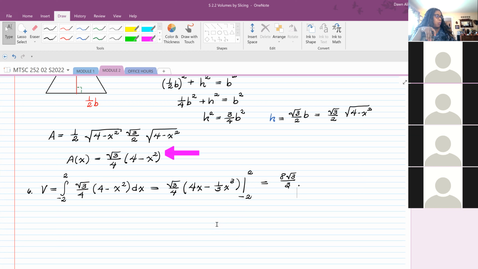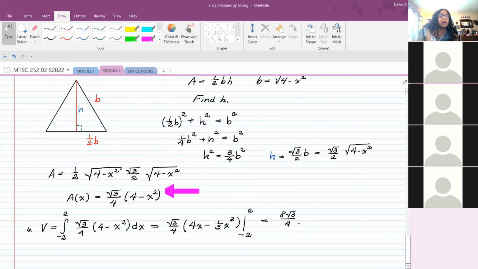Wait, I have a question. Okay. Why is it, we have 1/4 base squared plus h squared equals base squared? When we were finding h, oh, here.